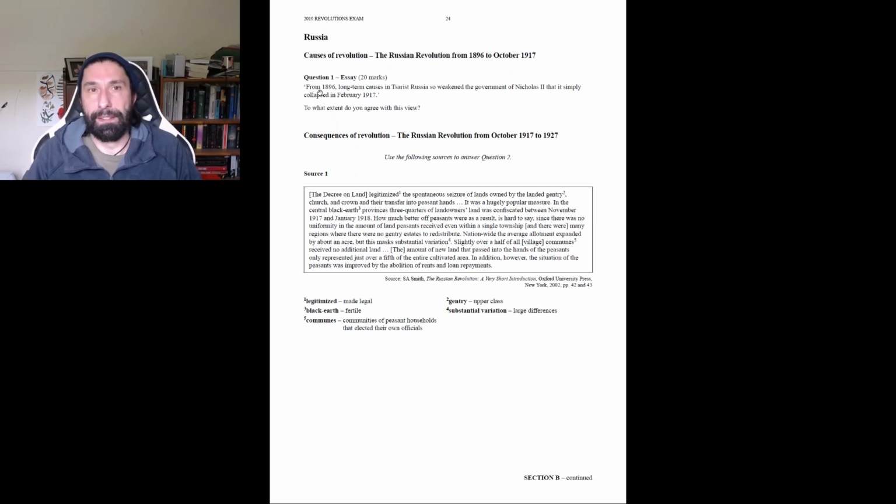Now, for the period of time, 1896 to 1917, you ideally want to have points that cover this entire period. So if you have, for argument's sake, 3 body paragraphs, a particular topic for each. For your first body paragraph, you might talk about economic, the recession and unemployment that occurred after the great spurt in the early 1890s, which sort of led into the 1905 revolution.